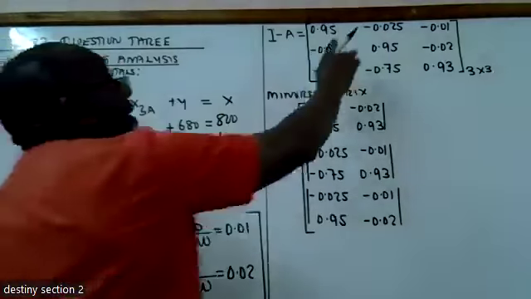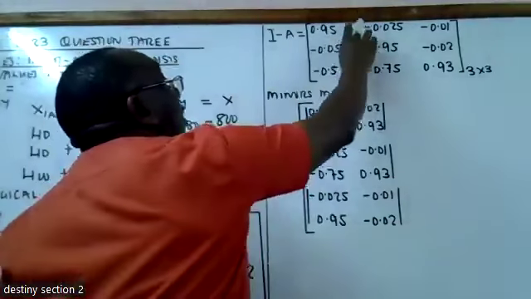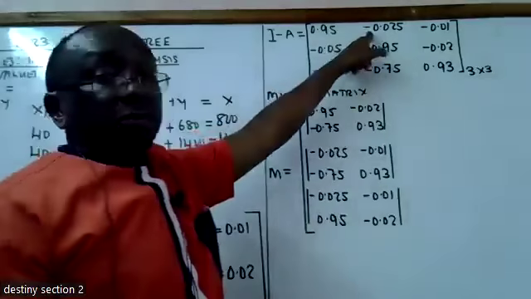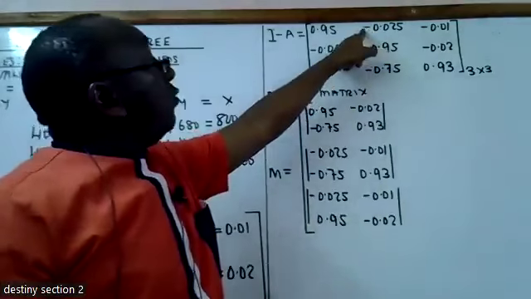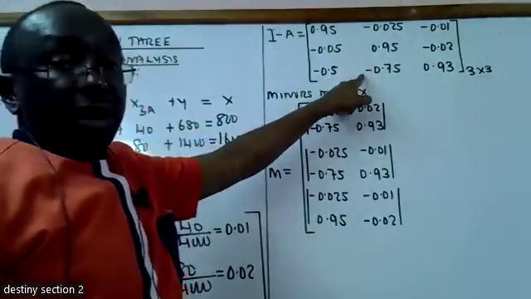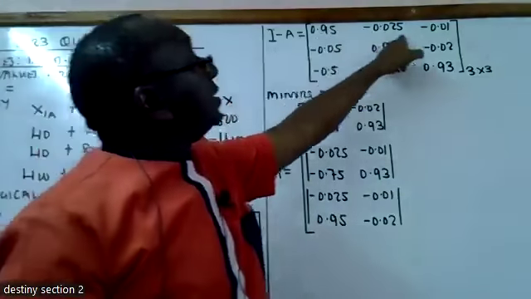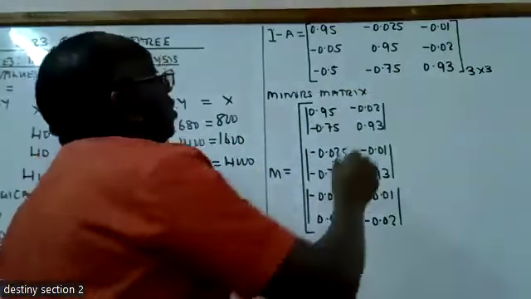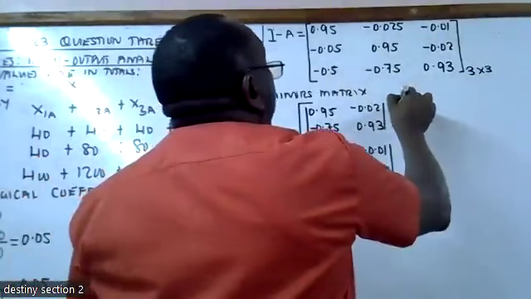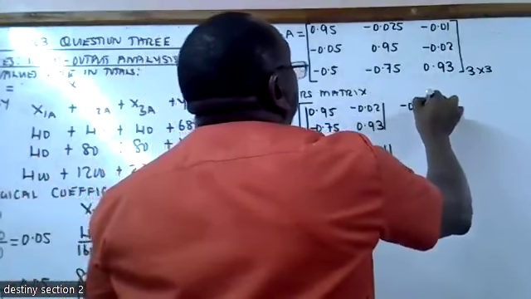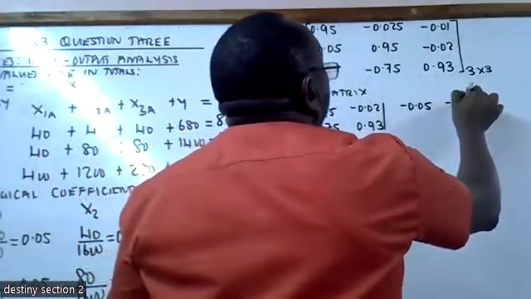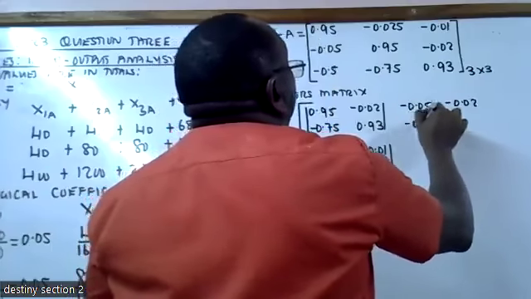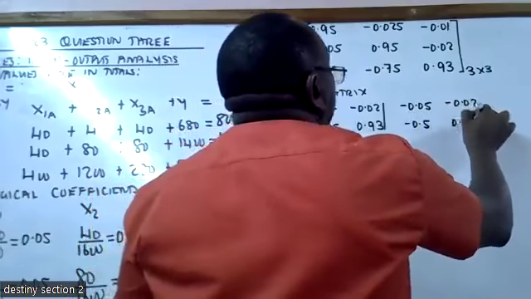So tukuje sasa kwa hii ya pili now. Ukisimama kwa hii ya minus 0.025, ufunge hii column, the second column, na ufunge the first row. Utaachwa na minus 0.05 minus 0.02 halafu minus 0.5 ni 0.93.